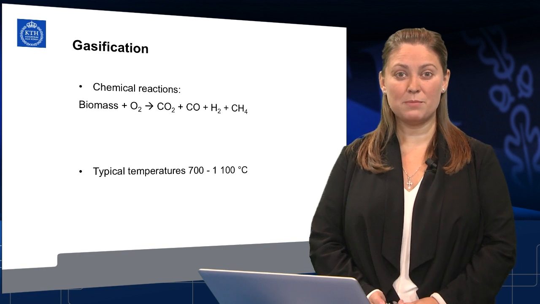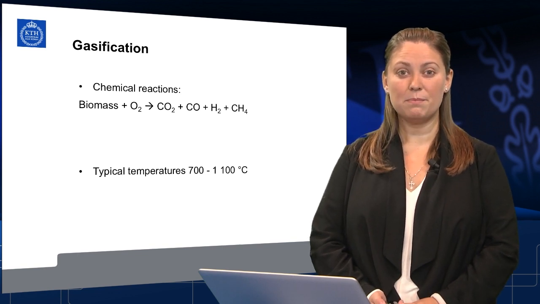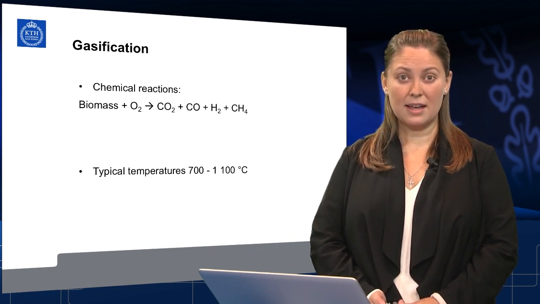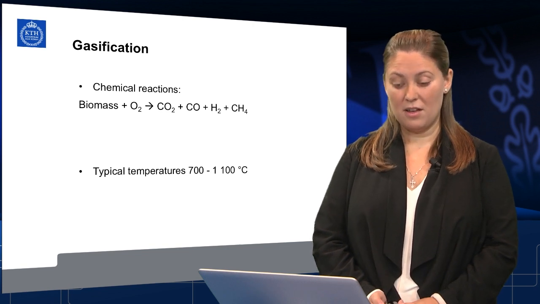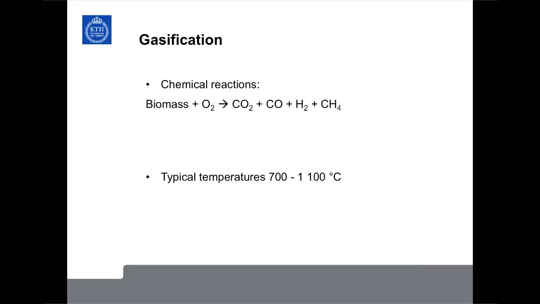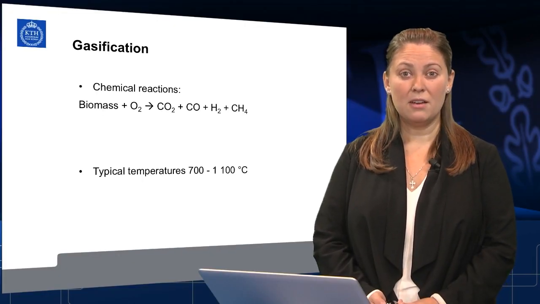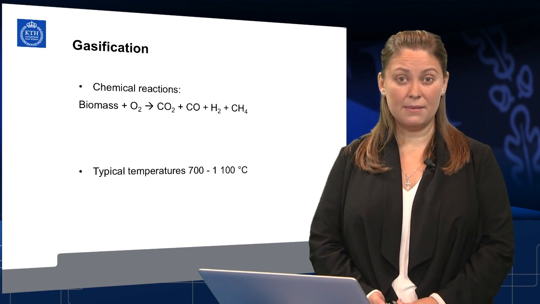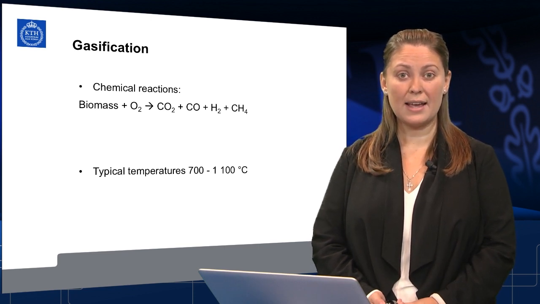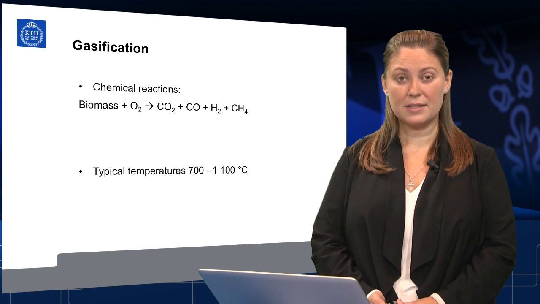Again, from a chemical perspective, gasification is partial oxidation of biomass at high temperatures. The product gas is a mixture of gases such as carbon monoxide, carbon dioxide, hydrogen, methane, and nitrogen, if air was used for gasification. The mixture can be burned directly or used as fuel for gas engines and gas turbines.